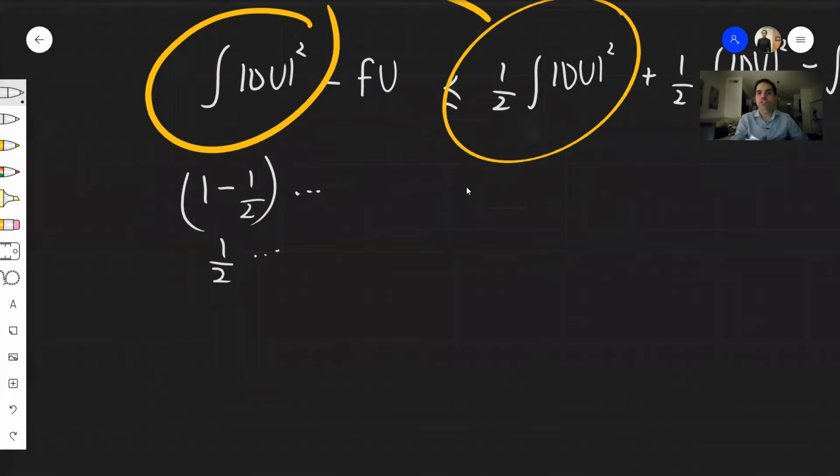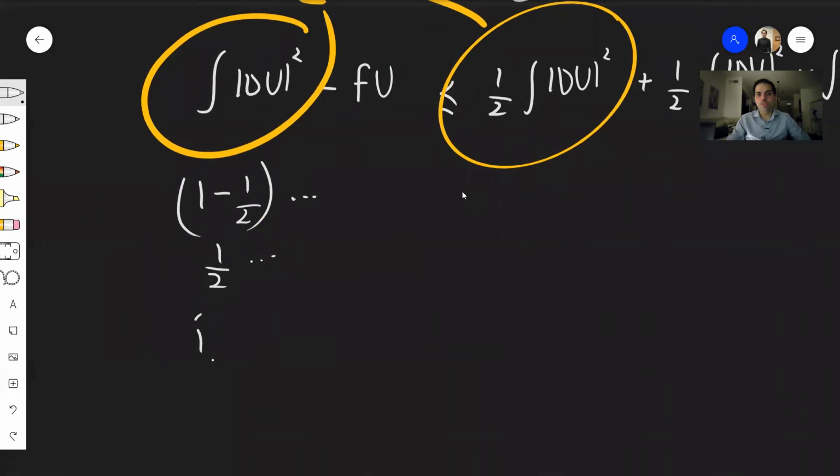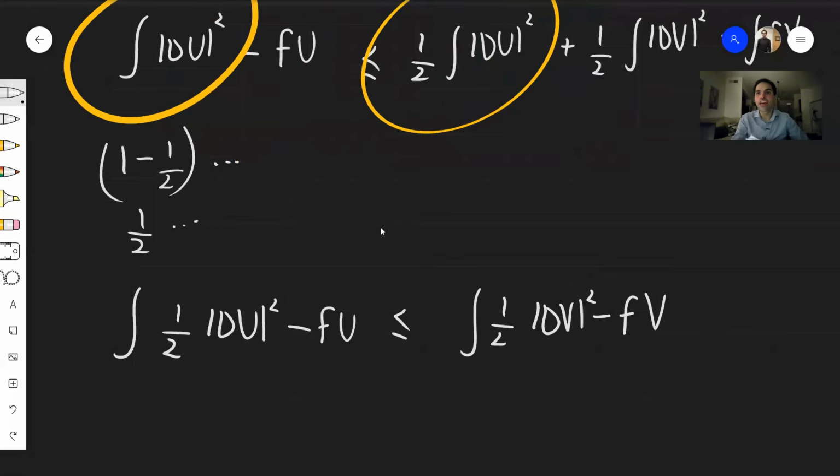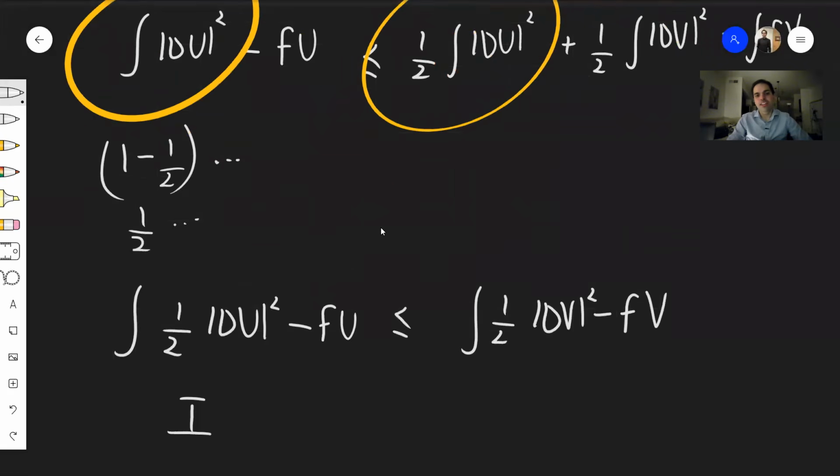So in the end, what you get is indeed the integral of 1/2 |du| squared minus fu is less than or equal to the integral of 1/2 |dv| squared minus fv. And in the end, we do get beautifully our inequality that I(u) is less than or equal to I(v).